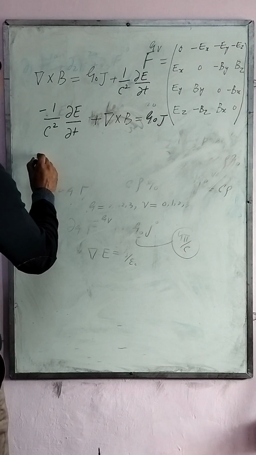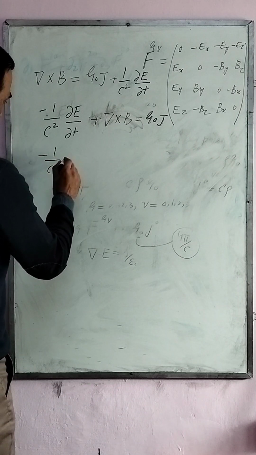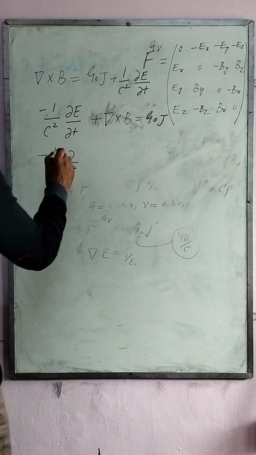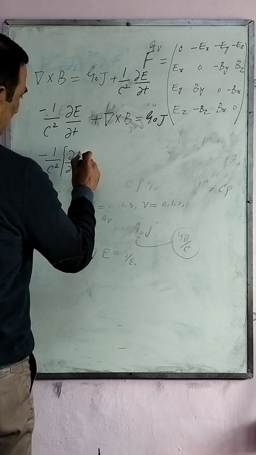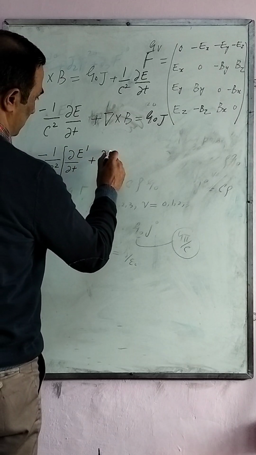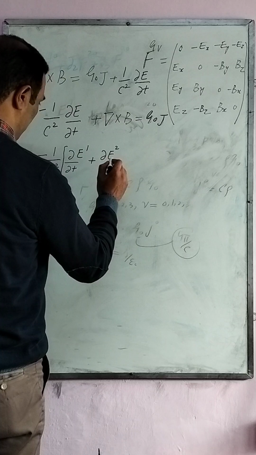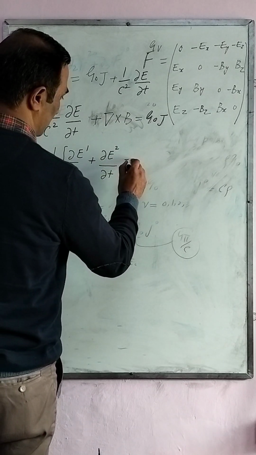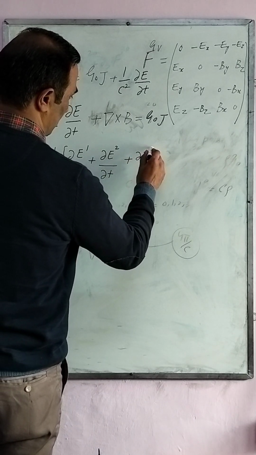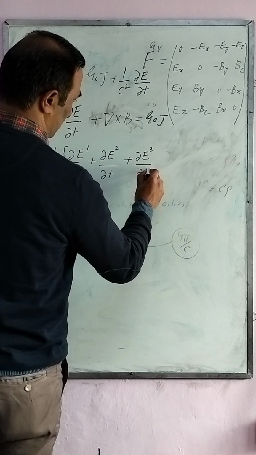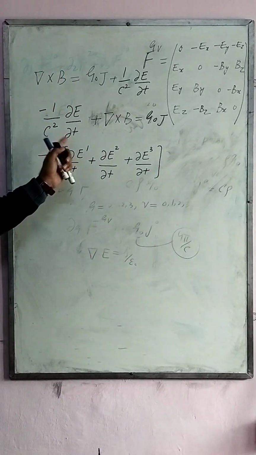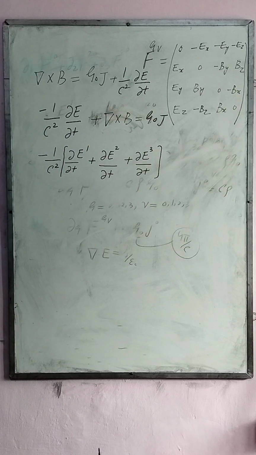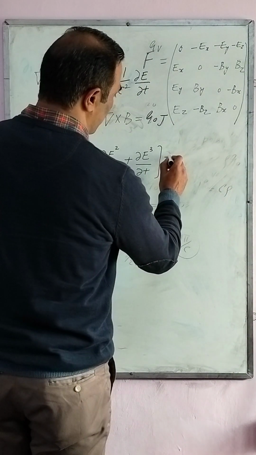So let's write minus 1 by c square, partial by partial t. So this comes from the first term of this equation. And similarly, I can write this as plus gamma cross b.